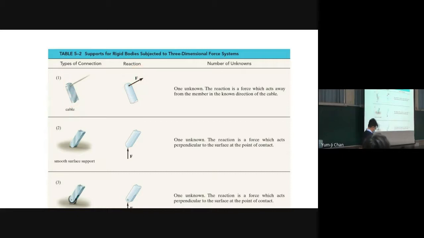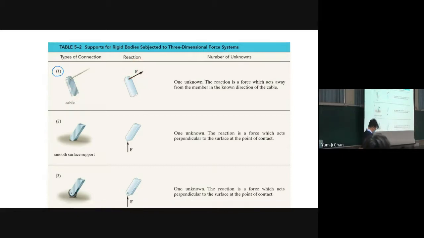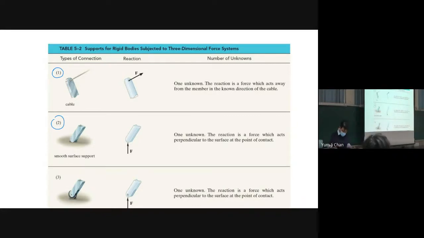The key points, the important ones, are 1, 2, 4, and 10. The first one is the cable, because this rigid body can move up and down, or to the left and to the right, and it can rotate in all three directions.